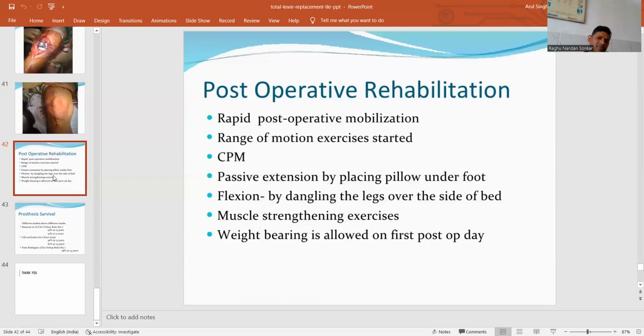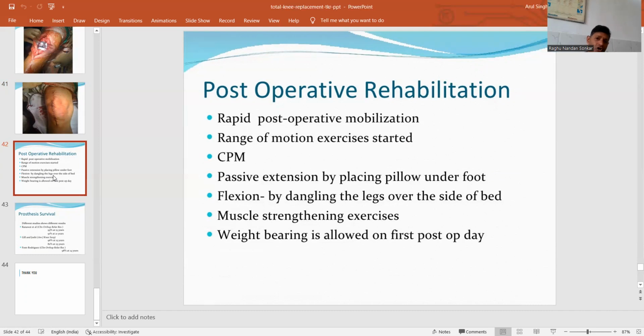Now post-op rehab. Post-op rehab after knee replacement surgery has a big role in mobilizing the patient.